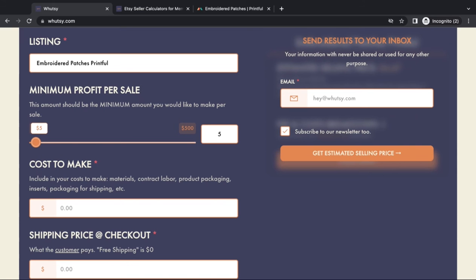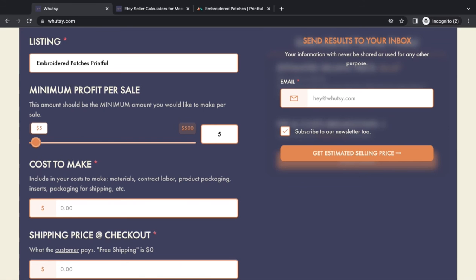If you don't know what an offsite ad is, that's marketing that Etsy does on our behalf. Not everyone uses a coupon, but we need to factor in that if someone does click through an offsite ad and we're paying that additional fee and someone does use a coupon, I want to make sure that I'm getting that minimum amount of profit that it costs me to make this product.